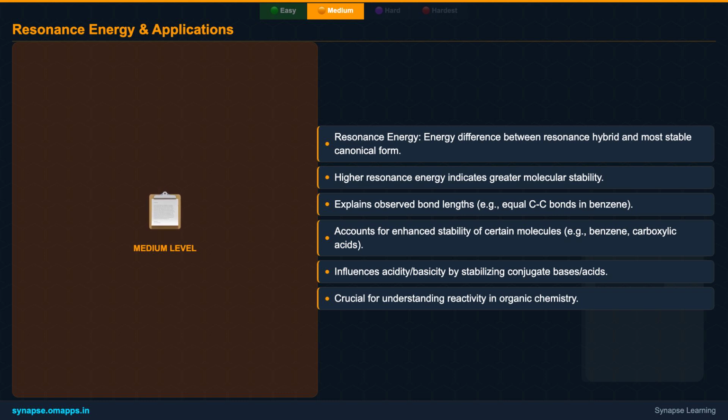For instance, why all carbon-carbon bonds in benzene are equal and intermediate in length between single and double bonds. It also accounts for the unusual stability of molecules like carboxylic acids and benzene, and influences the acidity or basicity of compounds by stabilizing their conjugate bases or acids. It's a powerful tool in a chemist's arsenal.